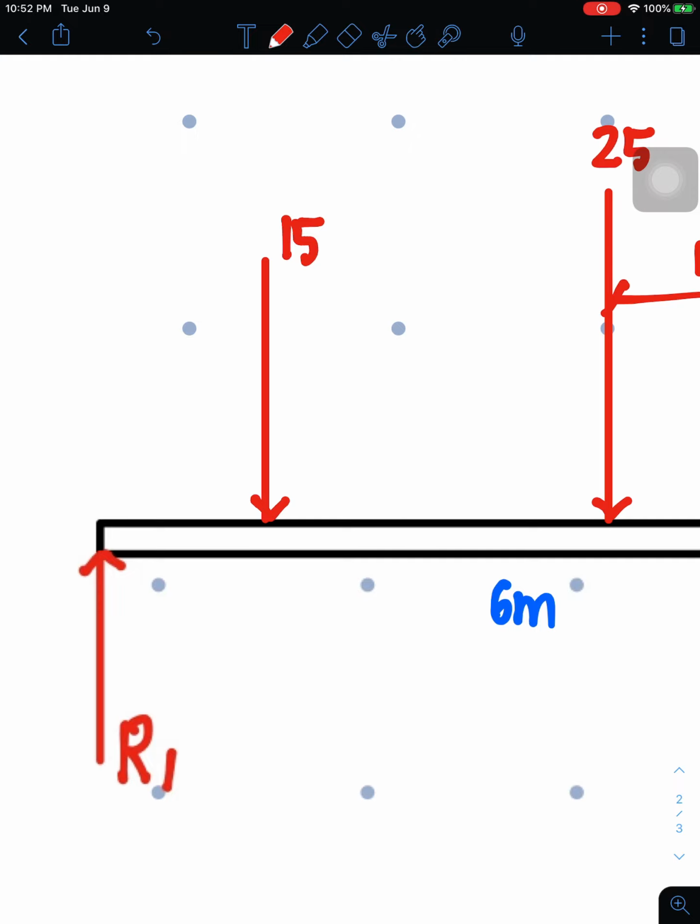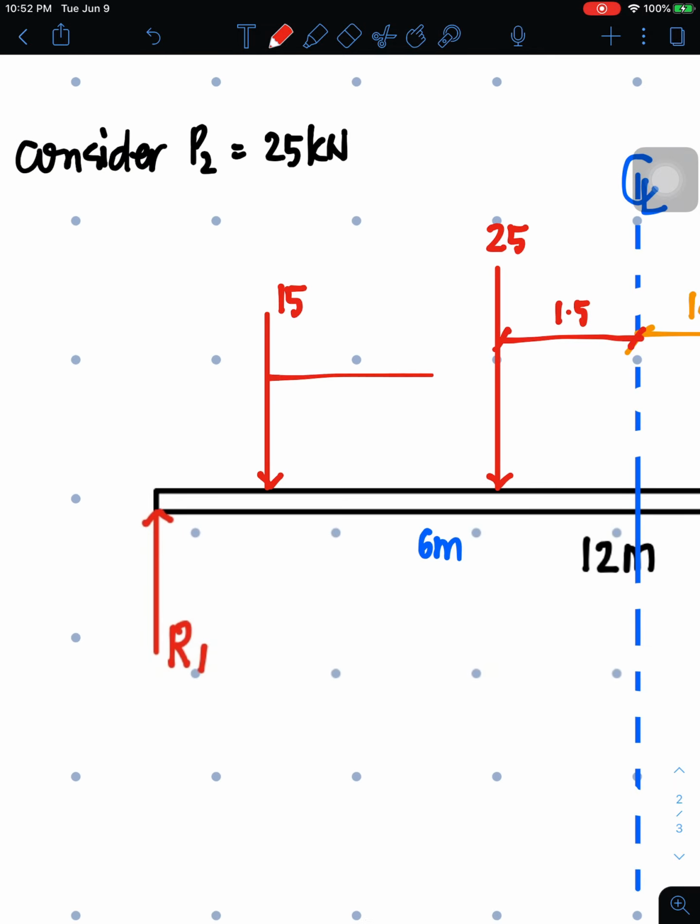This is the 15, and the distance between the two is 2 meters. So therefore, this distance toward 15, it's 6 minus 2 minus 1.5. That is 1.5. Right? No. That's 2.5.